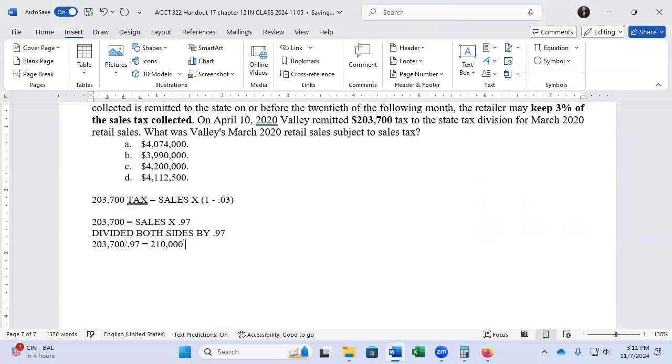That's the tax collected. Now we take the 210,000 and divide by 0.05 to get our sales, and that equals 4,200,000. Any questions?